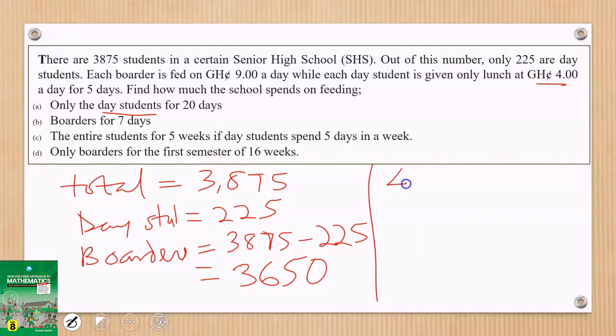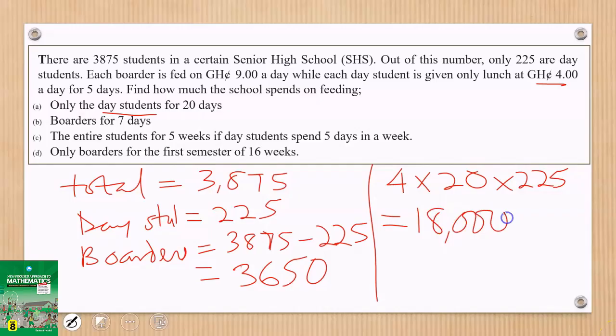And so we are going to say 4 cedis times the number of days, which is 20, times the total number of day students, which is 225. When you take your time and multiply all these figures together, it will be 18,000. That is how much the school will spend on the day students for 20 days.